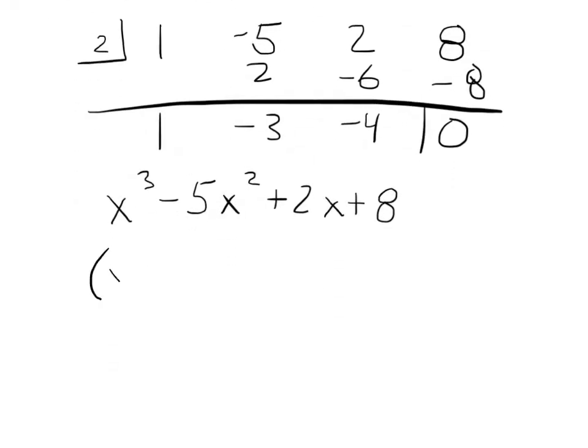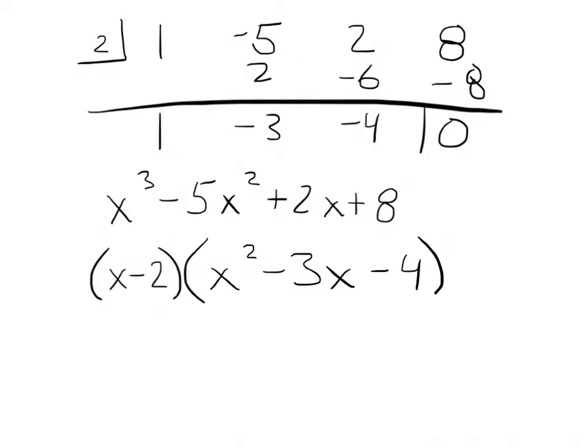It's going to be x minus 2 times the answer that we got out of synthetic division. That's what it means to divide. I found out that x minus 2 went into this thing x squared minus 3x minus 4 times.